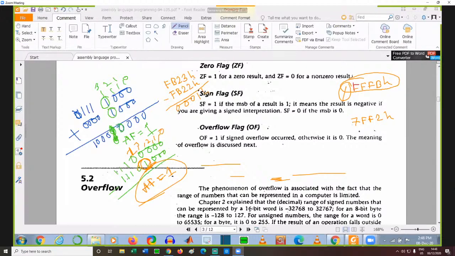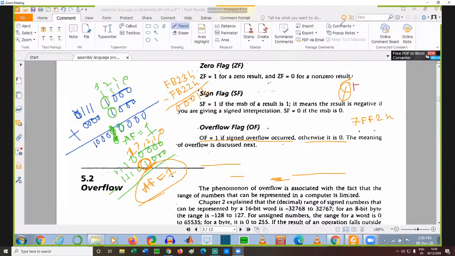And the last one is the overflow flag. Overflow flag OF equals 1 if signed overflow occurs, otherwise 0. Okay, this is kind of tricky. So how do you know whether signed overflow occurs or not?